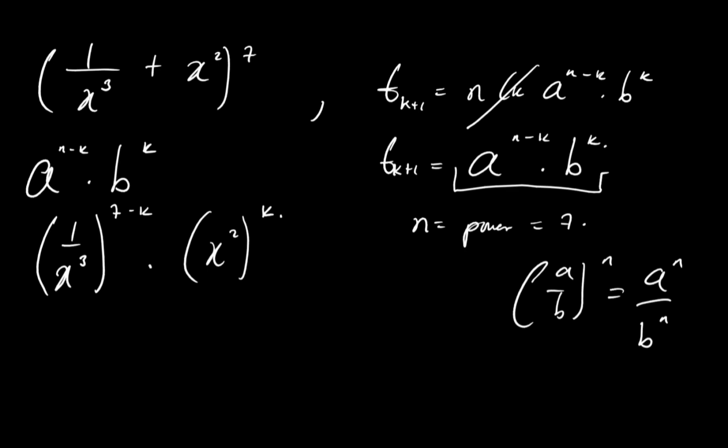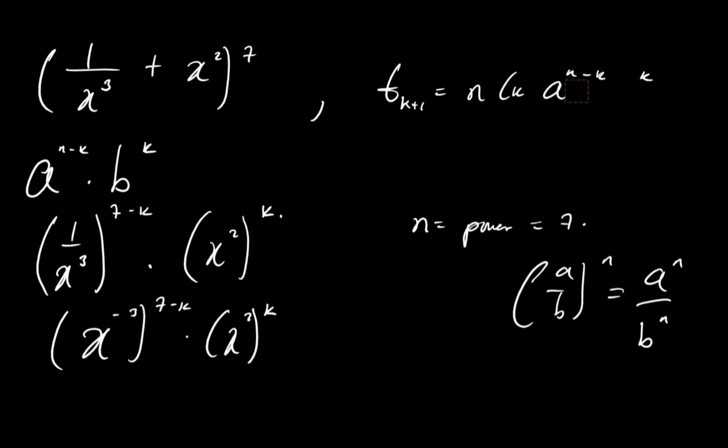If we distribute this power, we're only interested in the x terms, so the 1 is not really important. Basically we write this as x to the minus 3, then 7 minus k, times x to the power 2, multiplied by k.